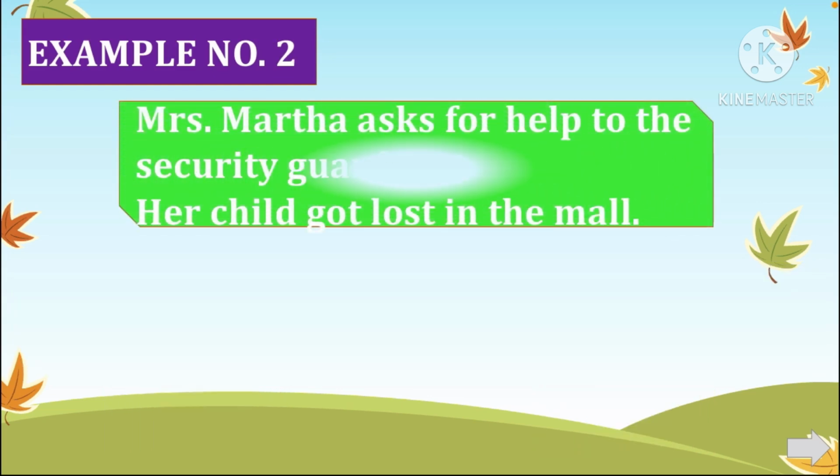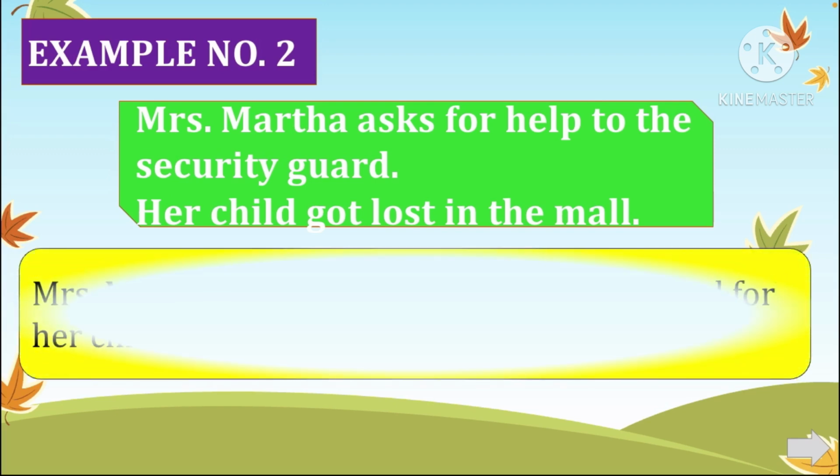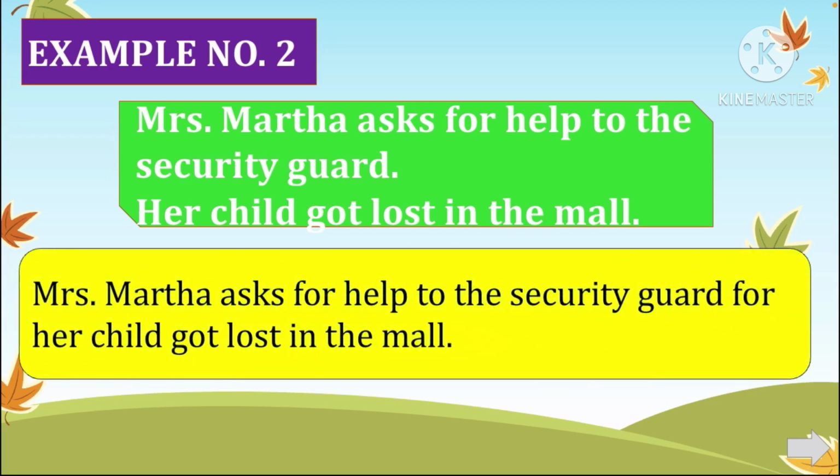Another example: Mrs. Martha asks for help to the security guard. Her child got lost in the mall. When we combine it together: Mrs. Martha asks for help to the security guard for her child got lost in the mall.